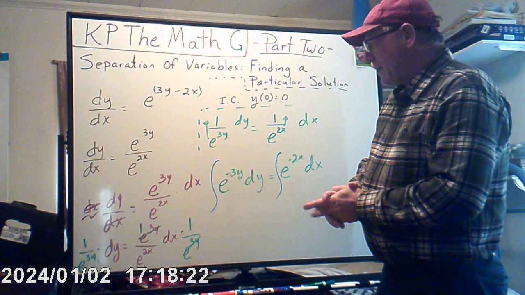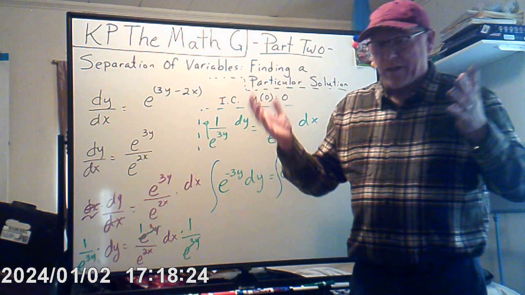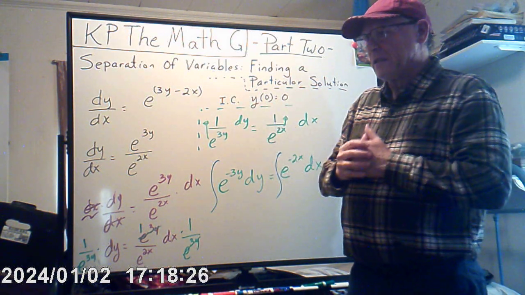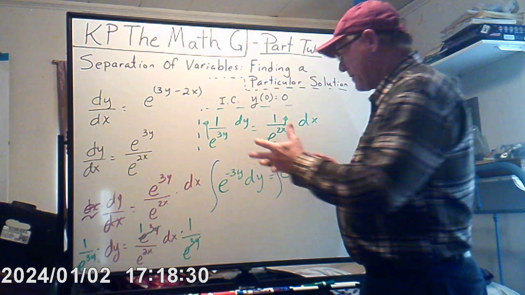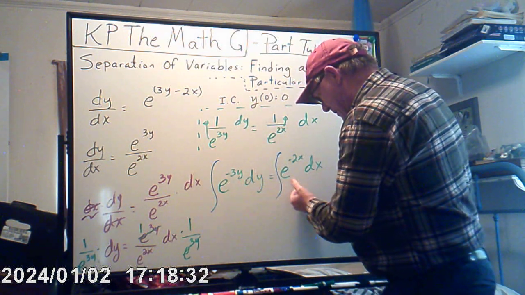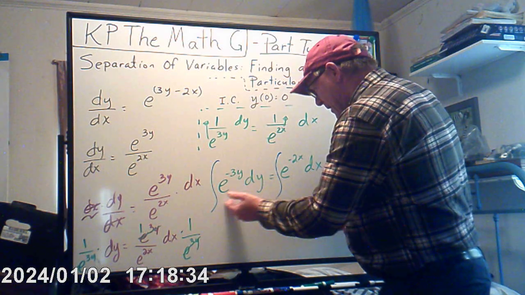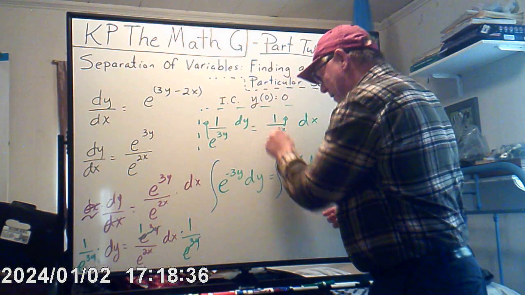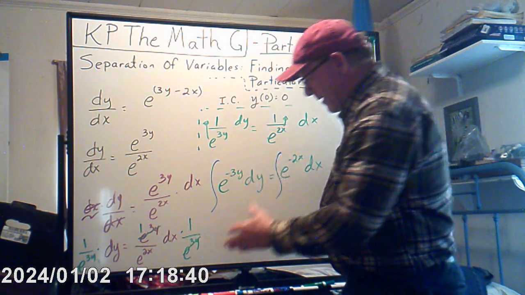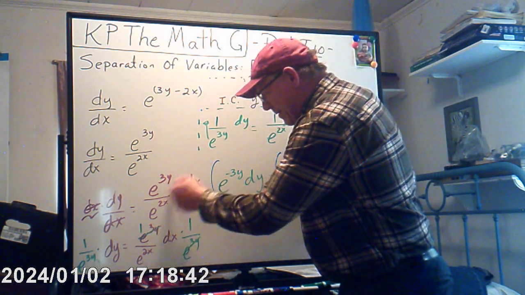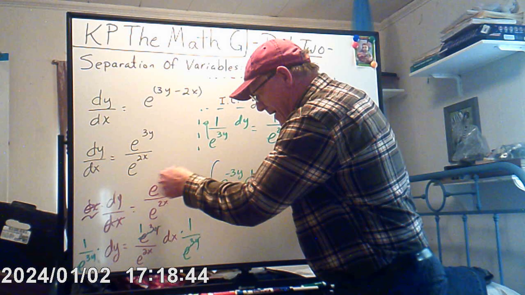Okay, and that's really part of the overall battle, learning how to rewrite and get things done. This is good here, getting it down to here, getting this up here and this up here, and actually getting it to this point here, and knowing that you got to get rid of this e to the 3y.